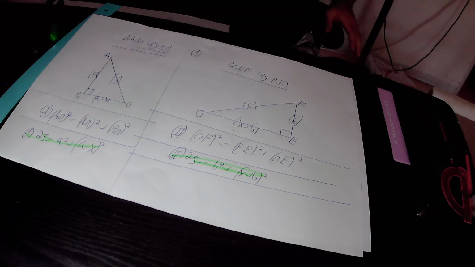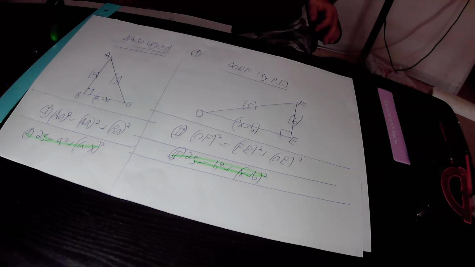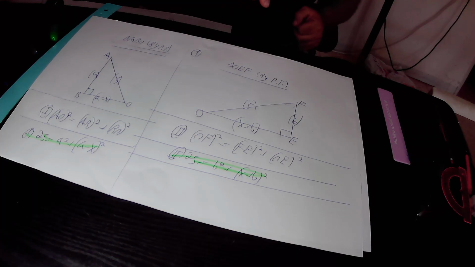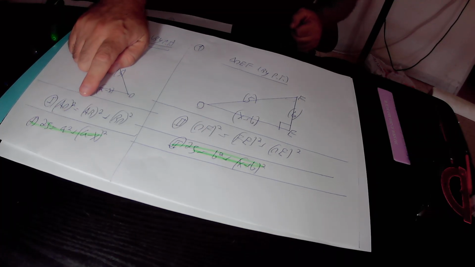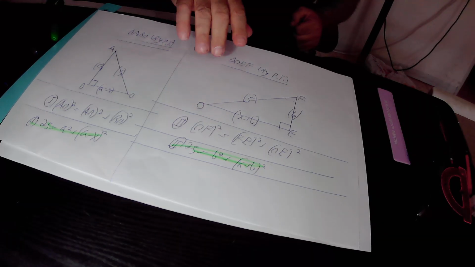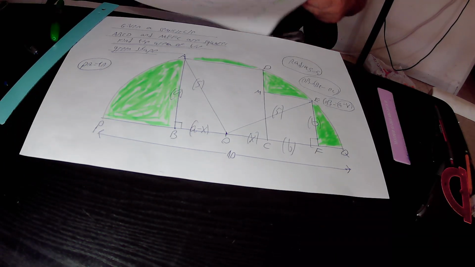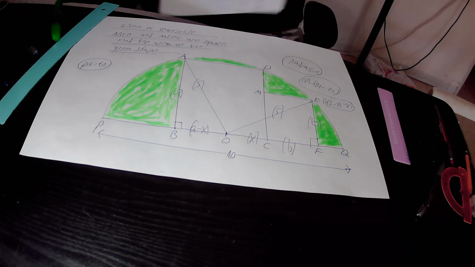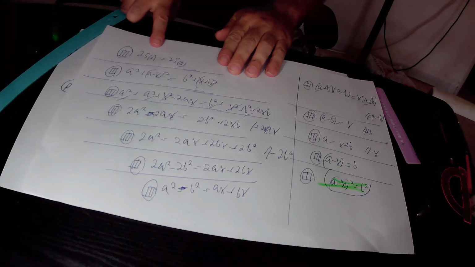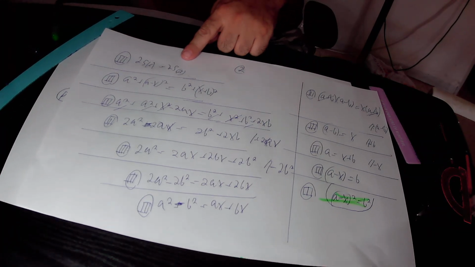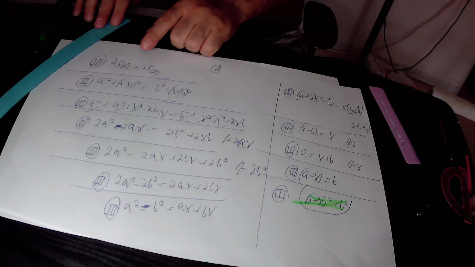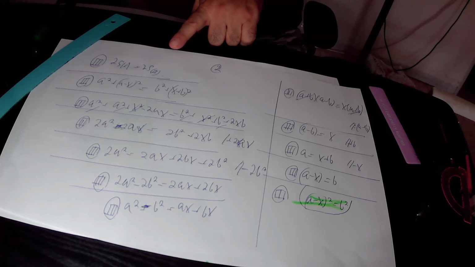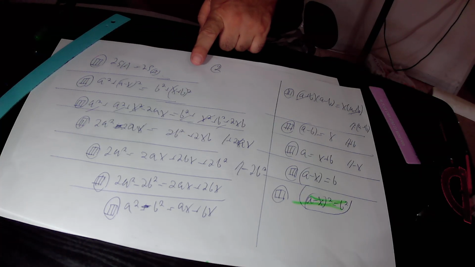In the next step, we created equation 3, which says that 25 according to equation 1 must be equal to 25 according to equation 2. 25 according to equation 1 equals A squared plus (A minus X) squared, and it must be equal to 25 according to equation 2, which equals B squared plus (X plus B) squared.